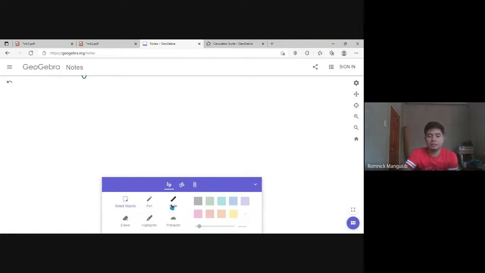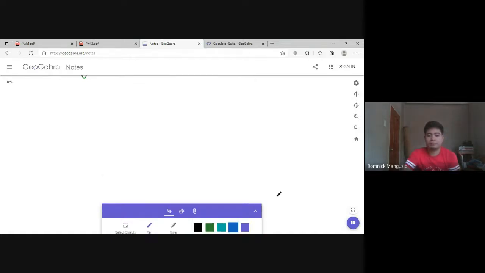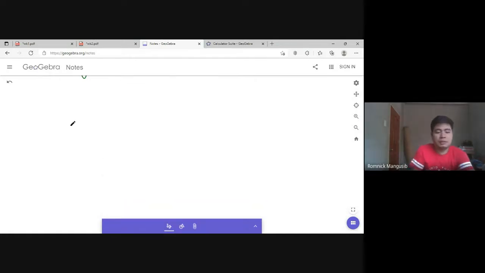The constant rule. In the constant rule, rule for constant, let's say if you're going to get the summation of constant C, where I starts from 1 to n, ang magiging sagot is NC.